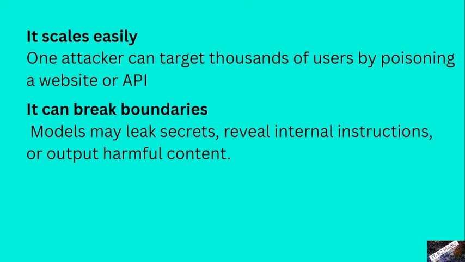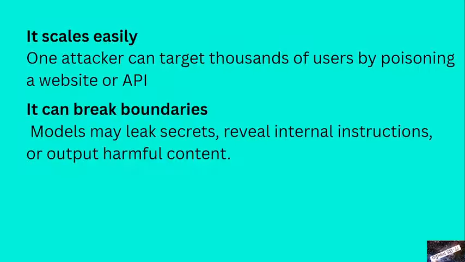So once it's able to poison one website or API, the volume of traffic on that particular website will determine the number of targets in thousands or millions that will be affected within a few minutes. So that is why indirect prompt injection is dangerous.